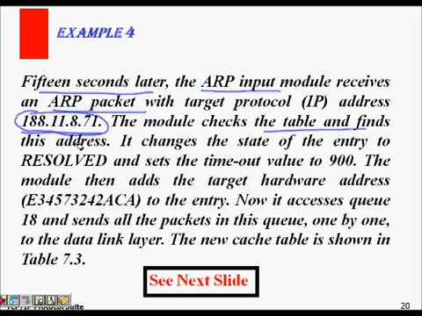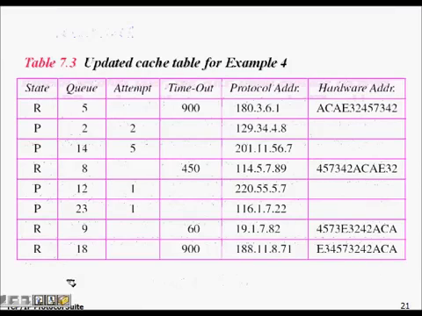So now I have got a reply for this and I know its MAC address, so it is resolved now. Then there is a timeout value, it will be there for 900 seconds or something like that. And from the ARP reply I know its MAC address, so it is updated here.